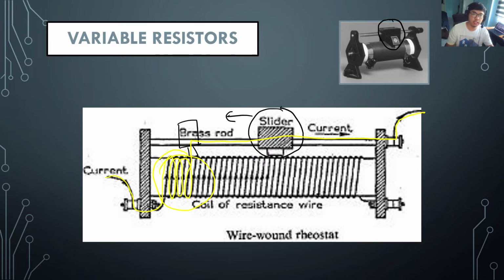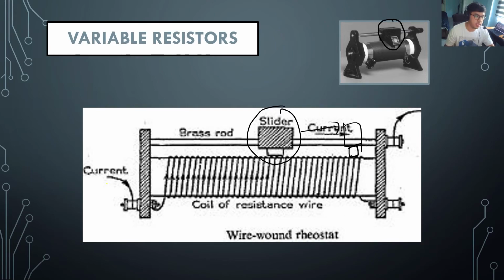As you know, short wire gives a low resistance, so more current will flow. And if you want the variable resistor to give a higher resistance, you move this slider further to the right. So the slider will be here.